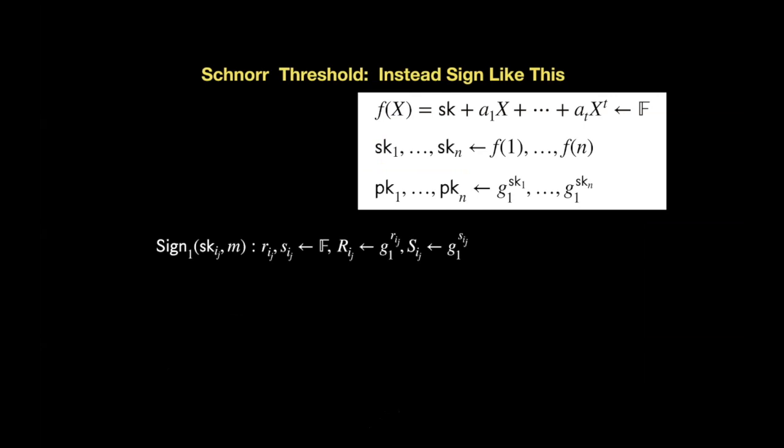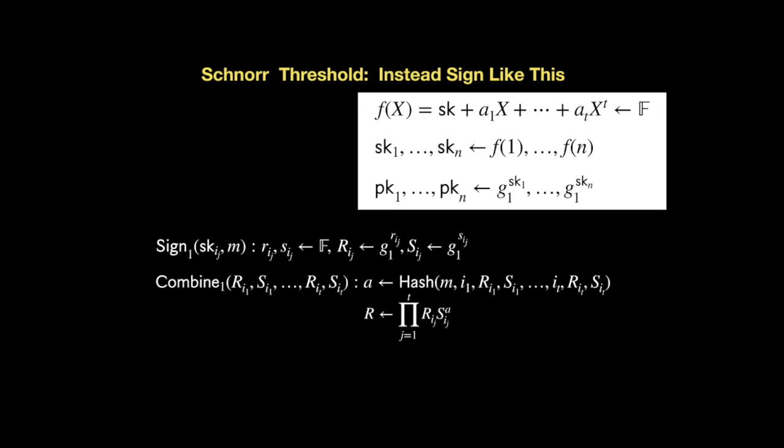What FROST does instead, and this is a trick which has been copied in a couple of papers, I should say a lot of papers came up with it at the same time, is they decide to use 2 nonces. So rather than having just your Rij, we now have both Rij and Sij.